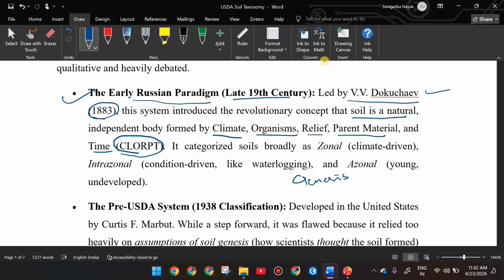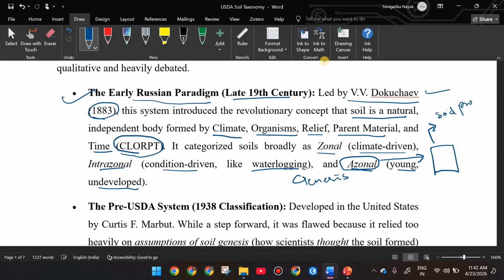It categorized soil broadly as zonal, which is climate driven; interzonal, which is condition driven, like waterlogging; and azonal, which means young, undeveloped soil, those soils which do not have a proper soil profile.